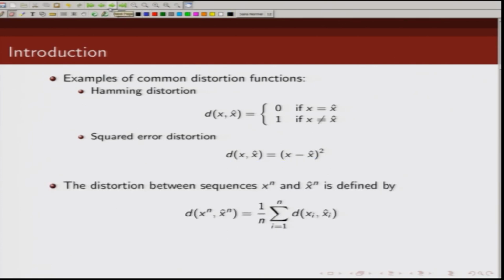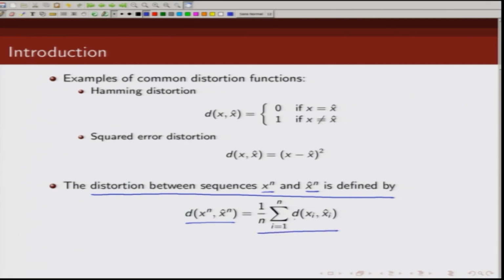Now, the distortion measure that we have defined so far is on a symbol by symbol basis. We could extend this definition for sequences as well. So, if this is a source sequence and this is a reproduced sequence, then the distortion measure can be written as the average distortion measure per symbol.